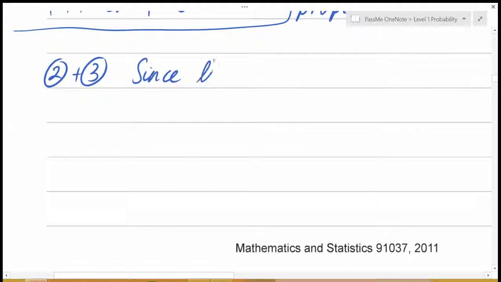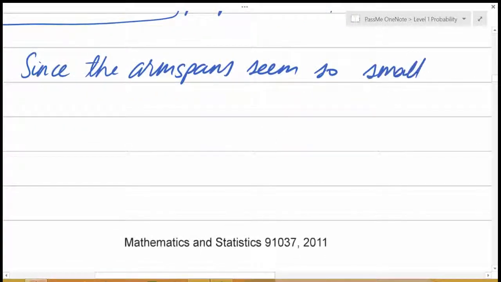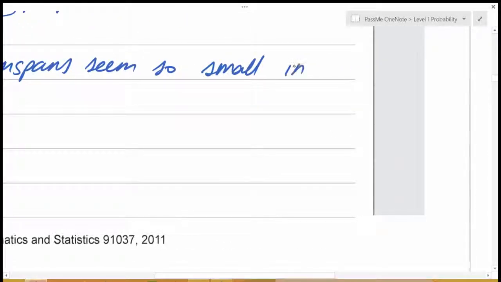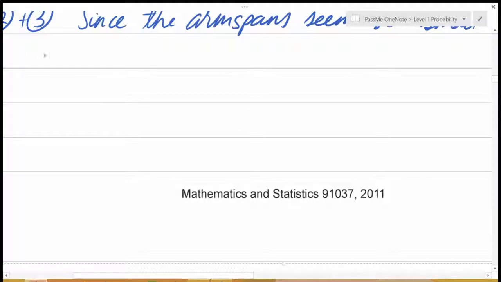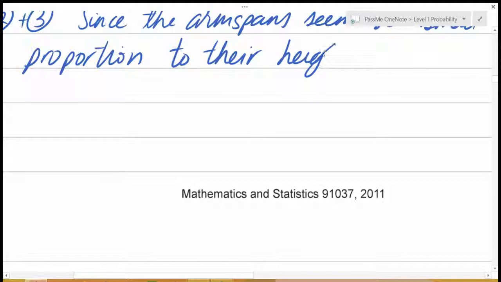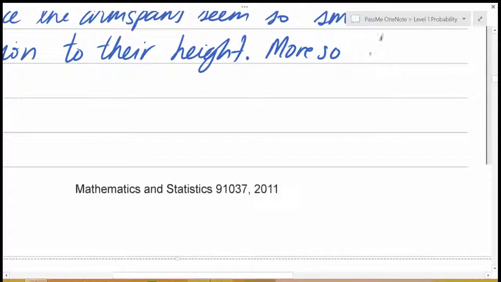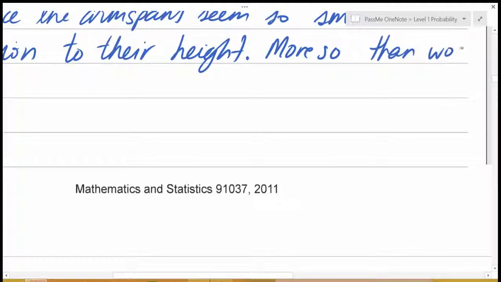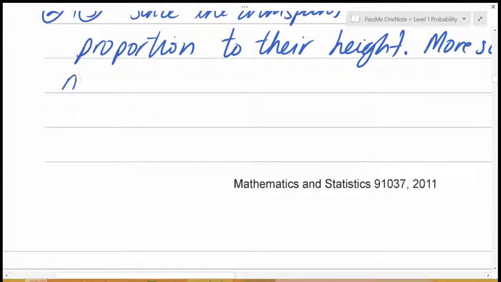Since the arm spans seem so small in proportion to their height, so small in proportion to their height, more so than would normally be expected.